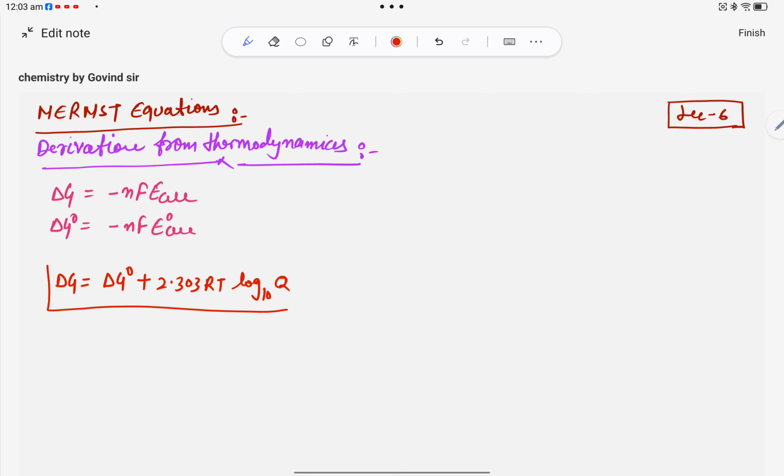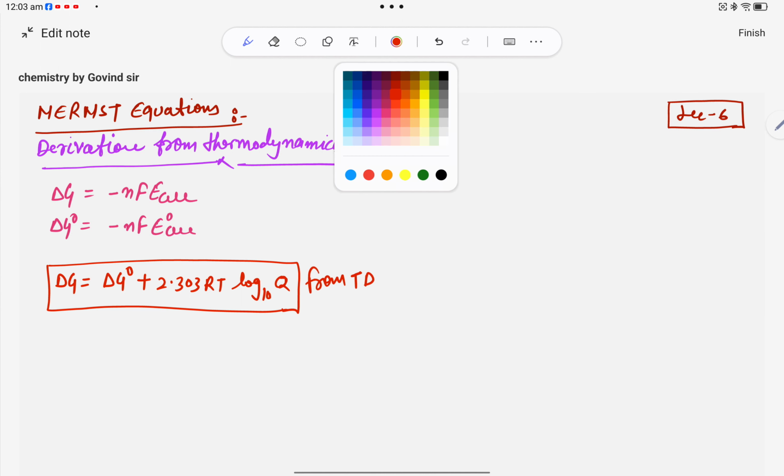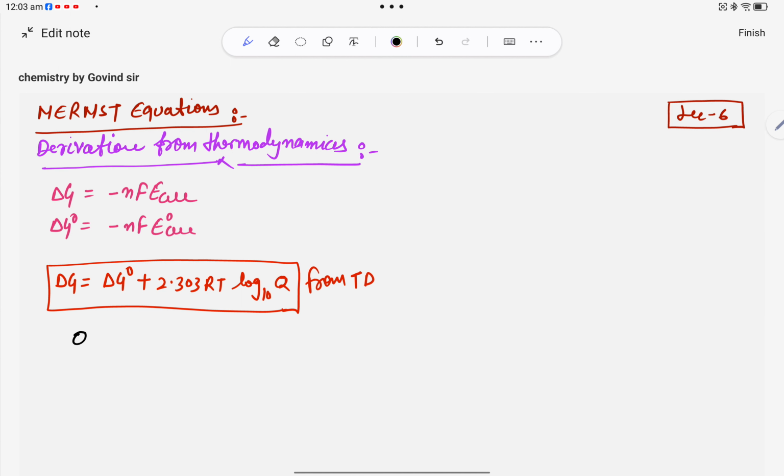From thermodynamics. Q is the reaction quotient, I have already told you. That means Q is equal to concentration of product upon concentration of reactant.